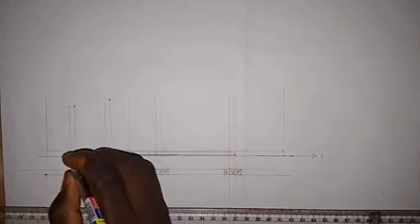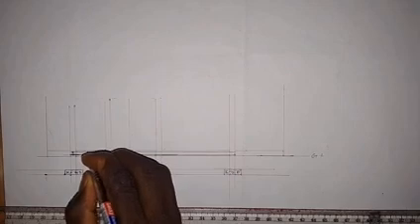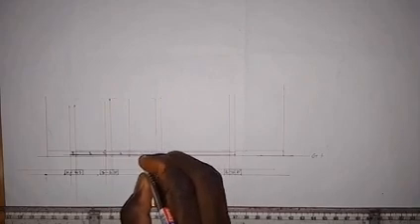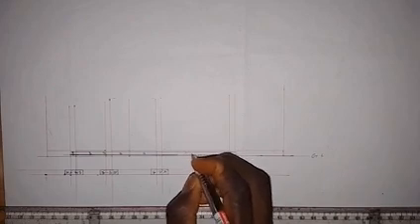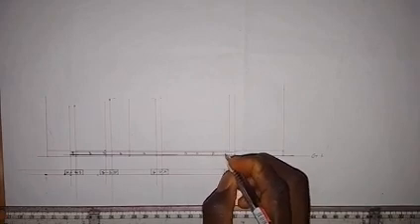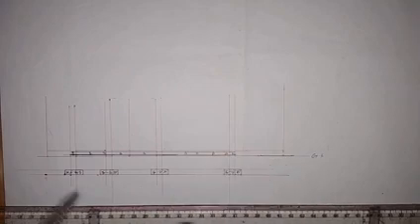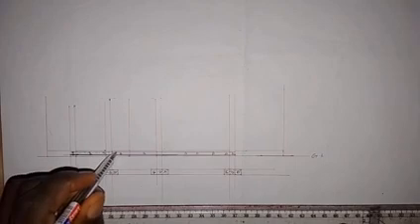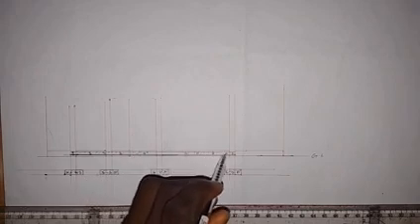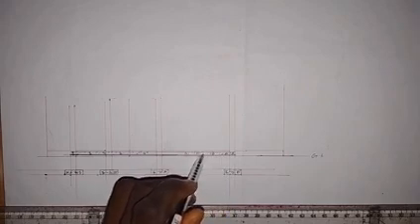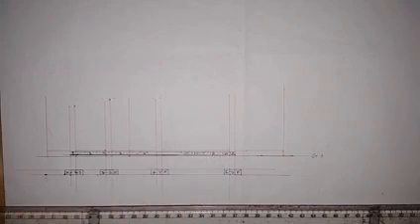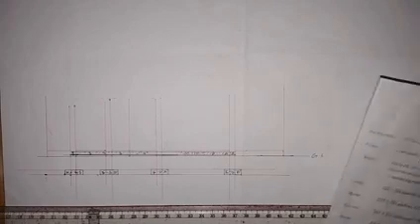Alright, so that is the concrete slab. The next thing we are going to do is to put the hard core.